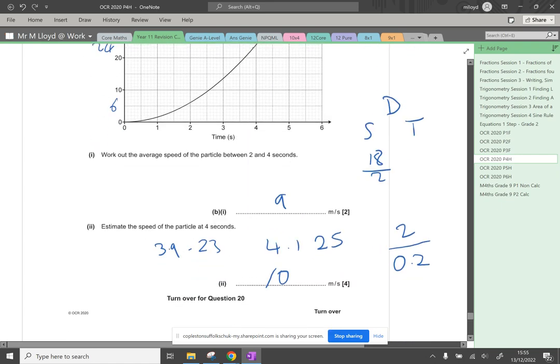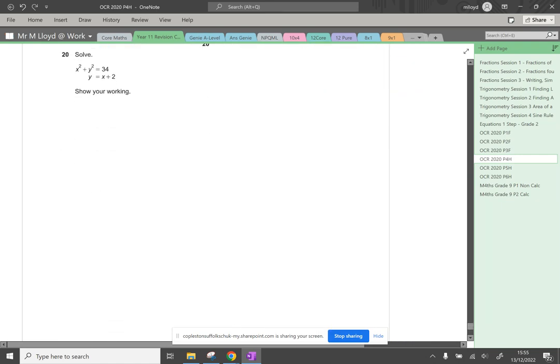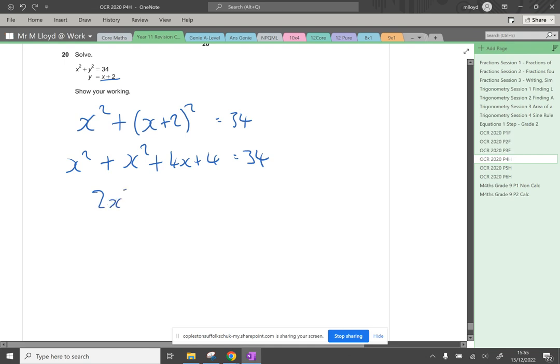Okay, super. Right, solve this one. So x squared plus, we know what y is worth, so we're going to replace y with x plus 2 squared, and that's equal to 34. Expand and simplify, so x squared plus 4x plus 4 is equal to 34. 2x squared plus 4x, I'm going to bring this across, that's going to make negative 30 equals 0.